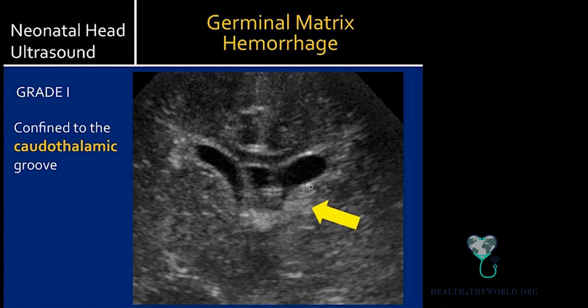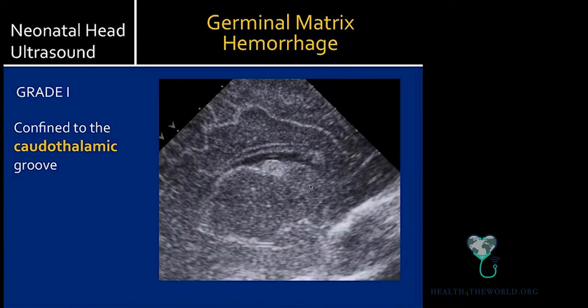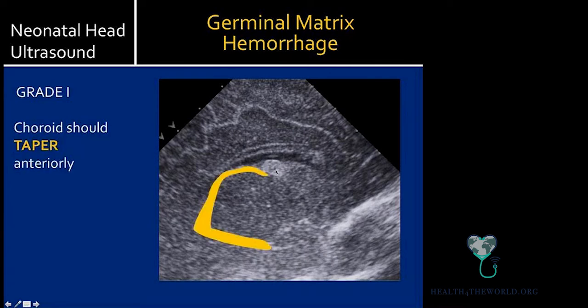Here's an example of a grade 1 germinal matrix hemorrhage, here in the sagittal plane. Remember we saw on the sagittal view the little notch here; the echogenicity of the choroid plexus should stop right there. You shouldn't see anything abnormal here. Instead, there's this round echogenic bulb. It should just taper to a smooth end, and we shouldn't have this rounded appearance.